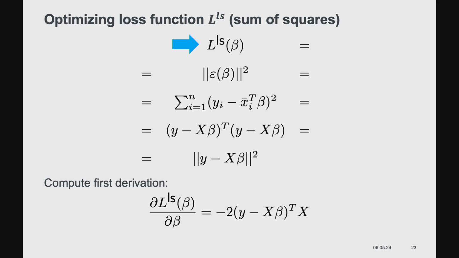Okay, this is now my loss that I have. And remember, we want to have a small epsilon or a small epsilon square. How do we do this? Well, we take analysis. That's what we use a lot in machine learning. We compute the first derivative, because if you remember analysis, at minimal points the derivative is 0, right? The derivative at this minimal point is 0.